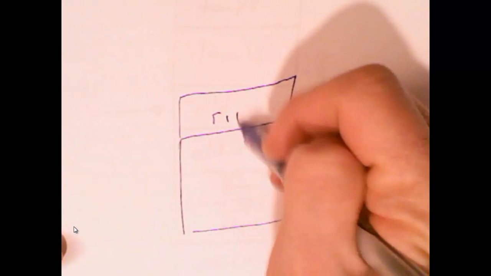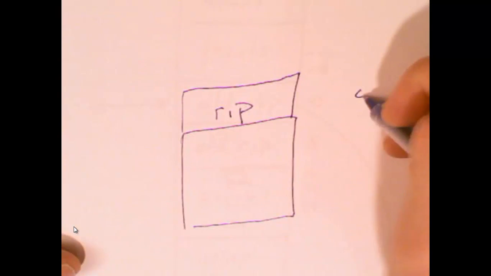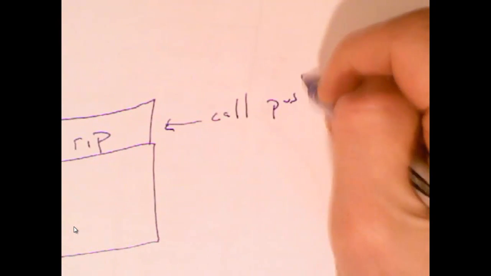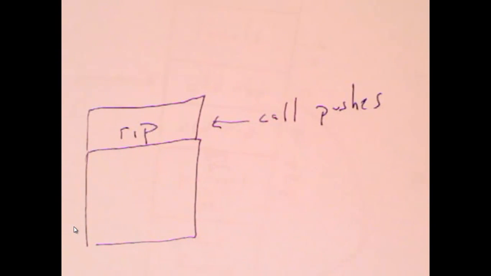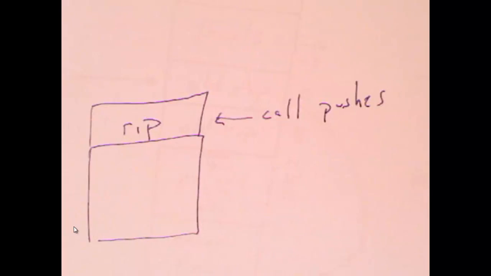When I do the call instruction itself, it pushes the RIP register. And that's going to be pointing to the next instruction in the caller. Then it sets the instruction pointer to be the first instruction of the new function.